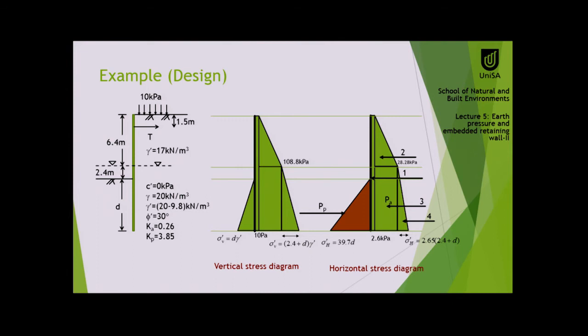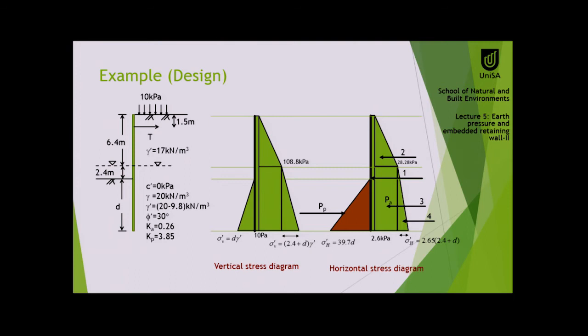Now once we get there, we can divide the forces according to their simple shapes. The first one is a whole rectangle, right? And the whole rectangle is 1. What is the magnitude of that? 10 times Ka. Ka was 0.26, so it would be 2.6 over here, the magnitude.